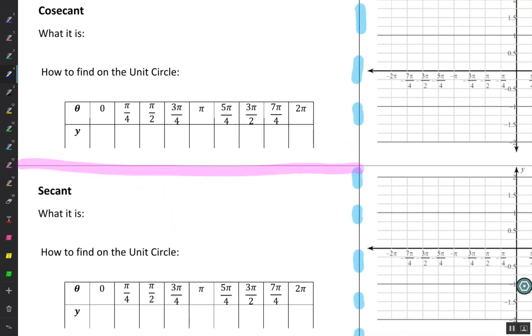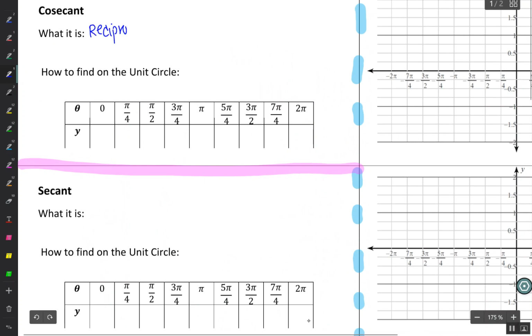So, cosecant, what is it? Cosecant is the reciprocal of sine. So if we would draw a right triangle, sine is opposite, let's say we're using this angle here, theta, over hypotenuse.